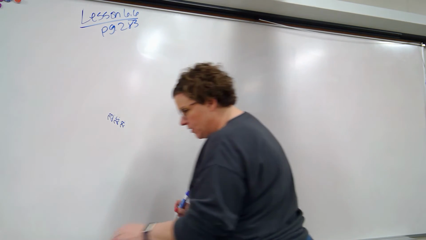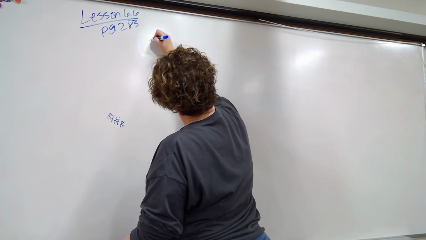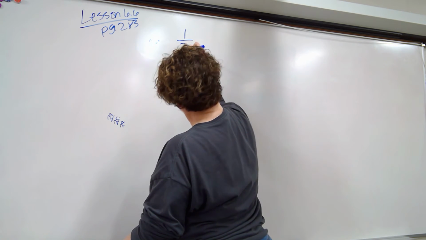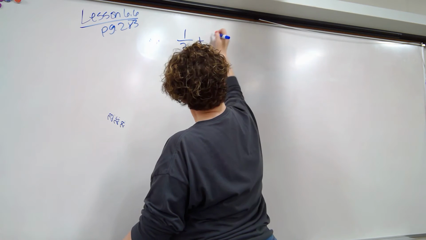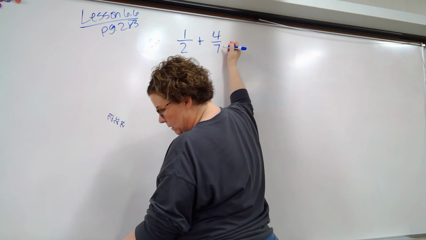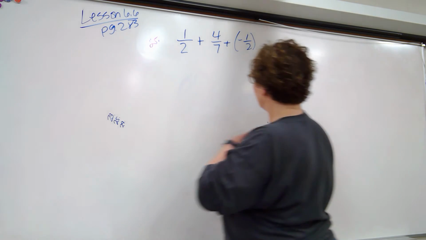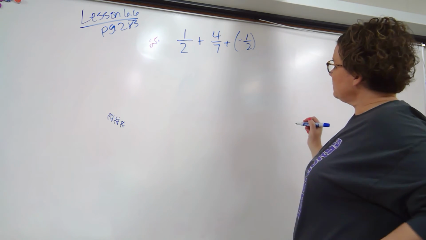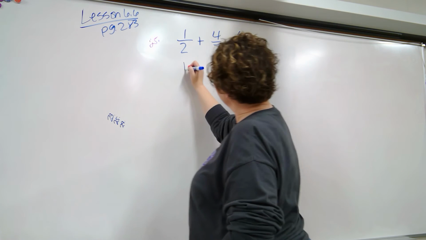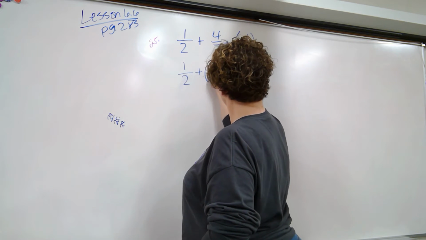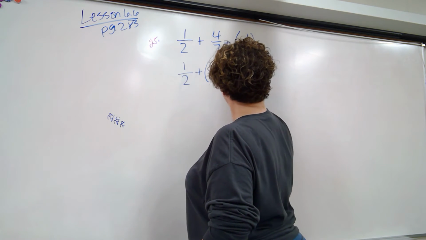Number 25, 1/2 plus 4/7 plus negative 1/2. The first thing I'm going to do is put these 1/2s together, and then I'm going to group them.